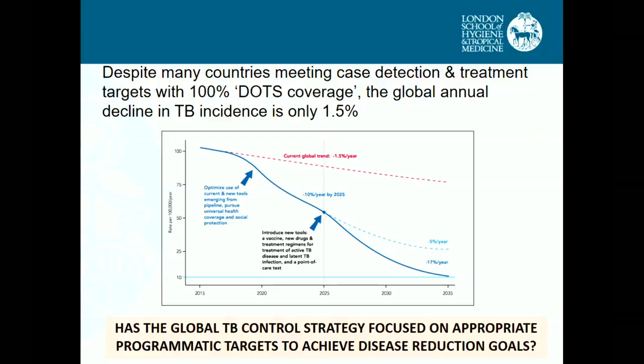So it really raises the question about, have we as a global community set the right targets? And if so, why are we not seeing the declines in incidence that we are expecting? And you see the blue line is what we're hoping to achieve in order to reach the 2035 goals of a 90% reduction in incidence. So we're a long way away.